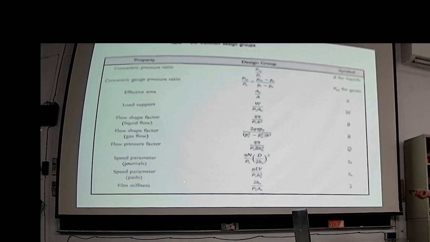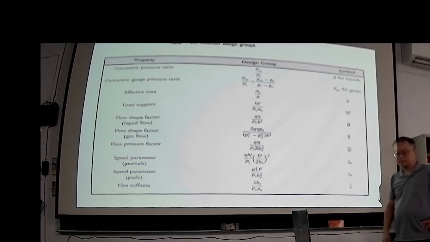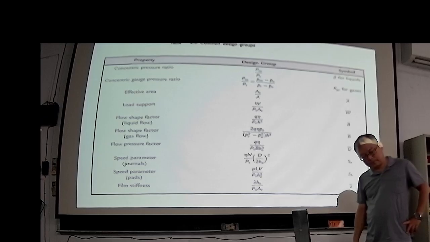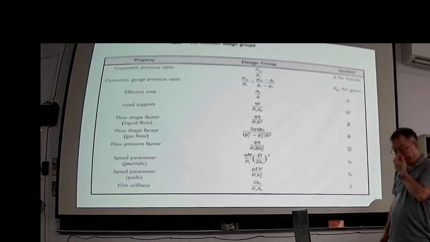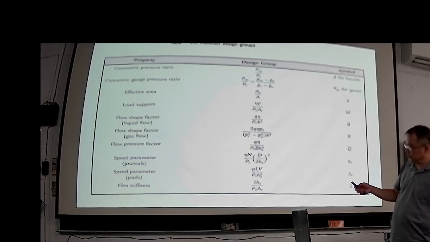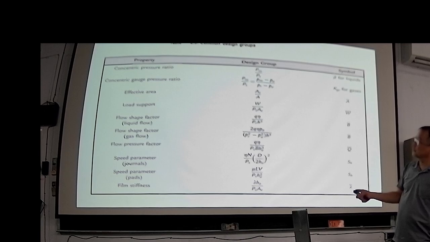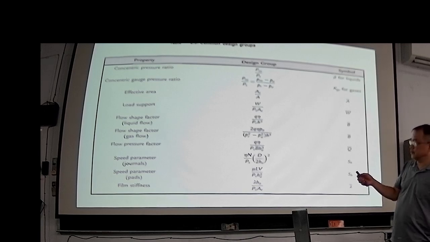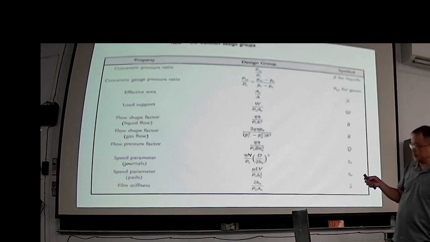And you also have a film stiffness, okay, using the lambda bar. So it's easier for you to express the performance characteristic using the normalized data.